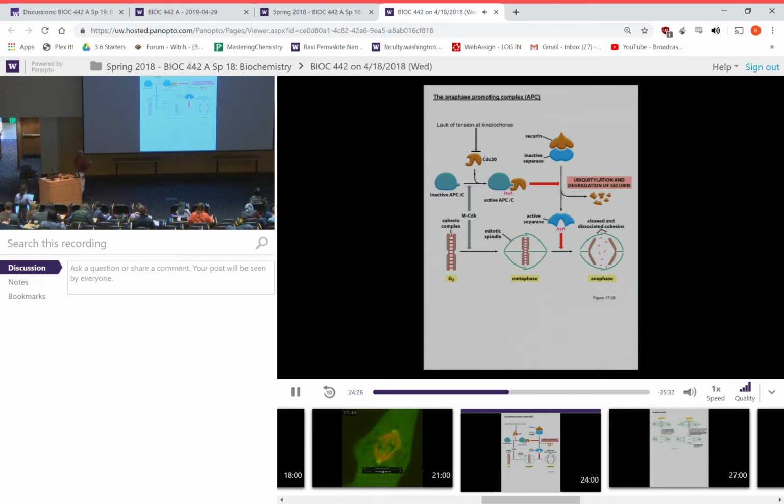When APC becomes active, the ligase becomes active because there's tension on both sides. Now securin's degraded, separase becomes active, it goes into the cell, it cuts all those glue parts of things, and now the chromosomes can move apart, okay? So that's the metaphase to anaphase transition, all regulated by this checkpoint, which is the tension regulator. So that's how we go from metaphase to anaphase.